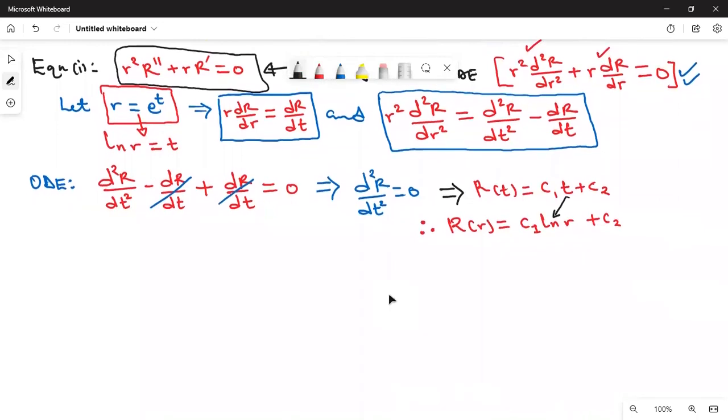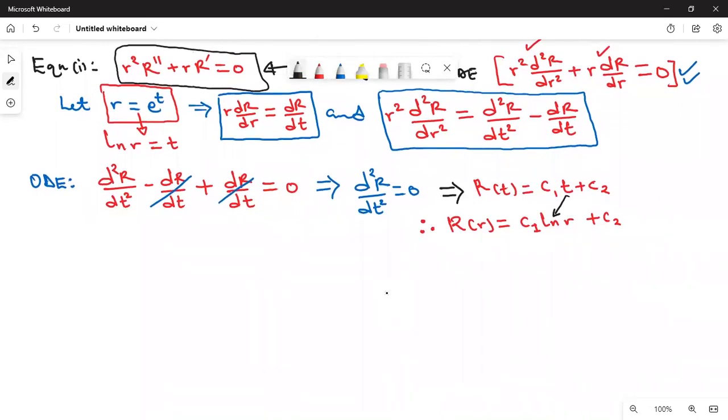Let's also solve the second equation, equation Roman 2. How do we solve it? It was negative theta double prime over theta is equal to 0.